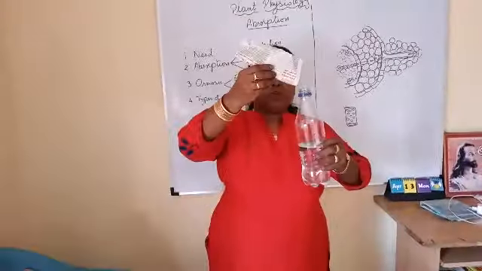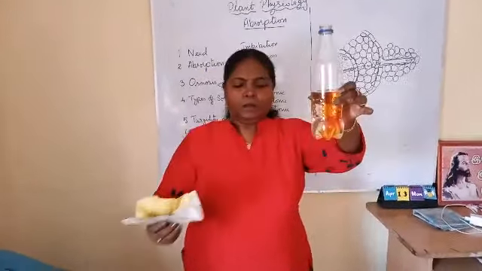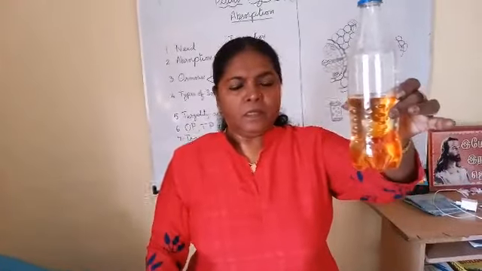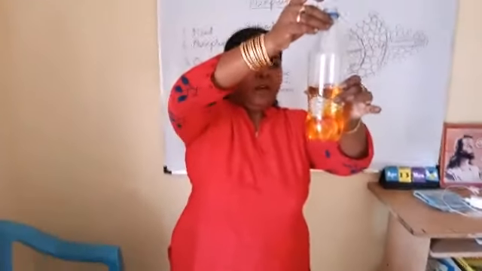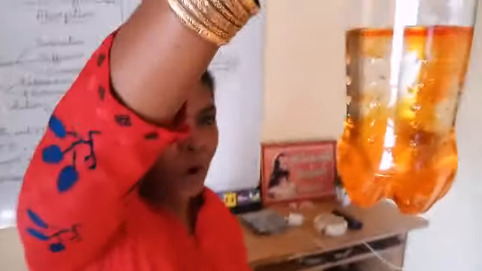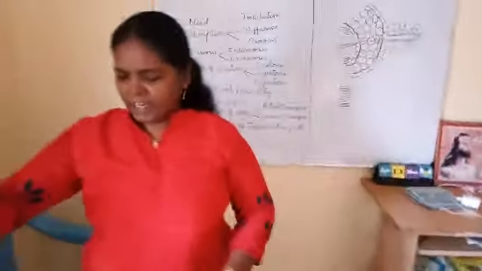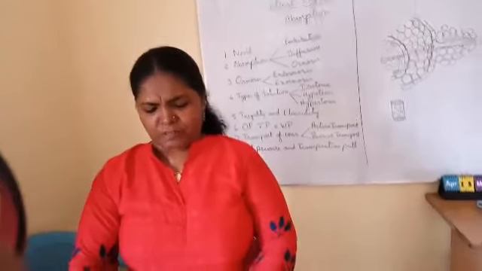See, I am going to put this food color. See, the food color diffuses. Can you see this? It diffuses into the water molecules. Okay, this is an example for diffusion. So diffusion does not require any conditions.